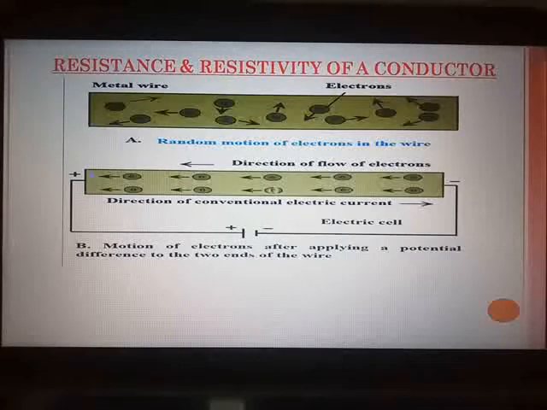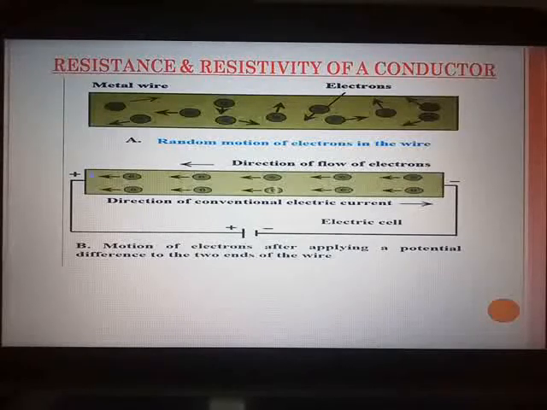When a potential difference is applied between the two ends of the conductor, the electrons, which are negatively charged, start moving from the lower potential to the higher potential, and this directional motion of electrons causes the flow of current. This we have seen in the previous topic.